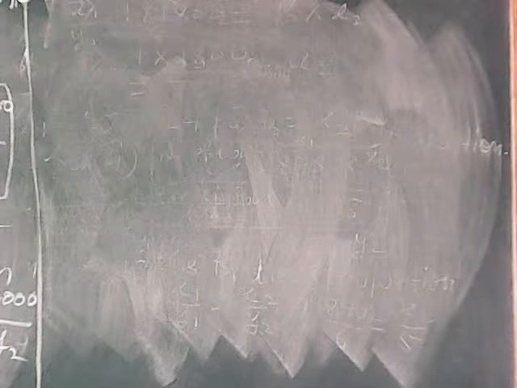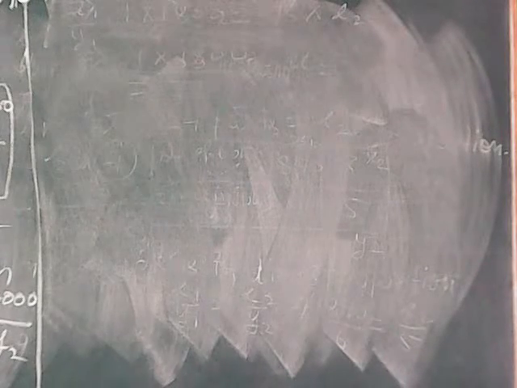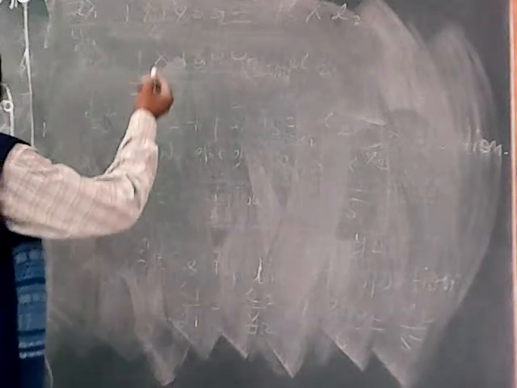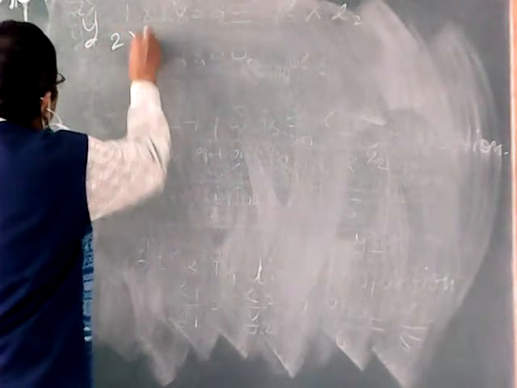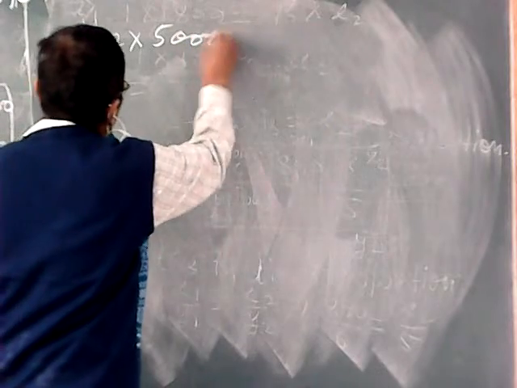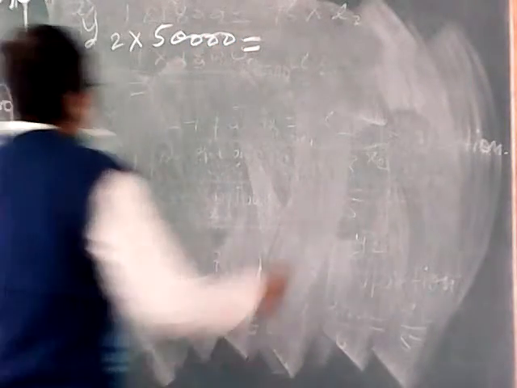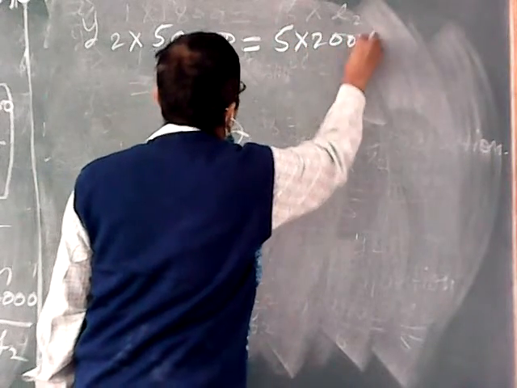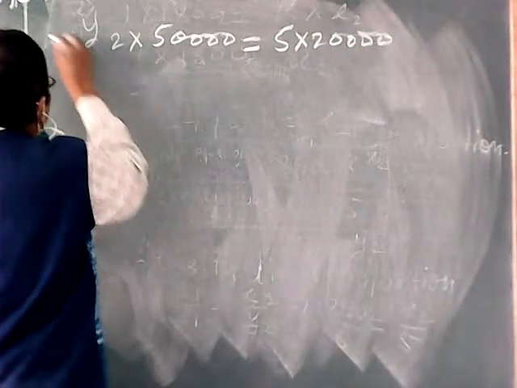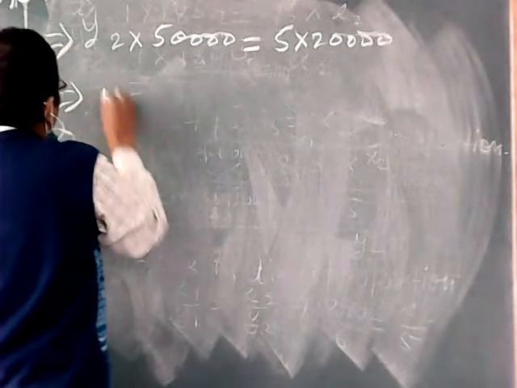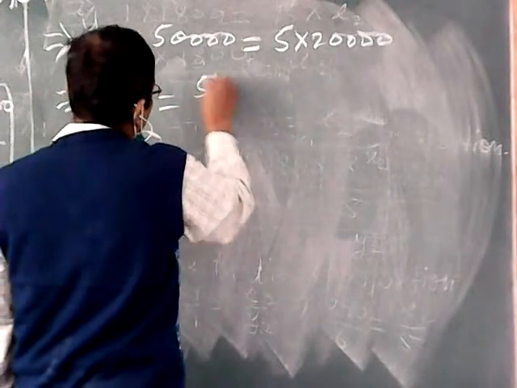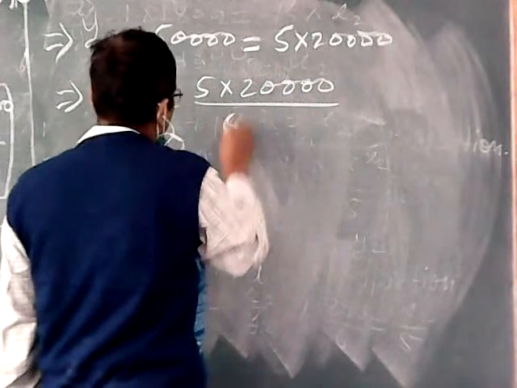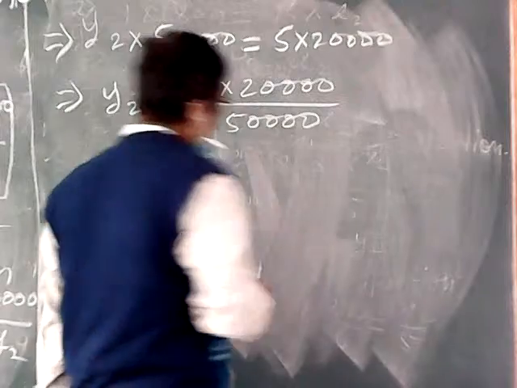So students, further simplification will give you this cross multiplication: y2 into 50,000 is equal to 5 into 20,000. So y2 is equal to 5 into 20,000 by 50,000.